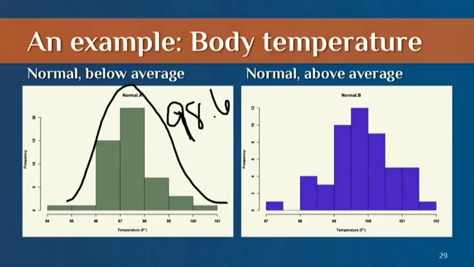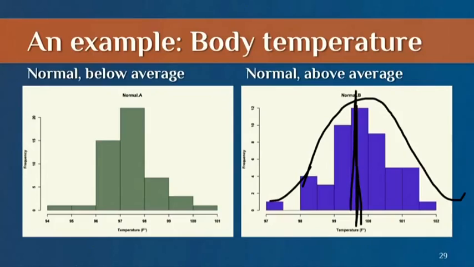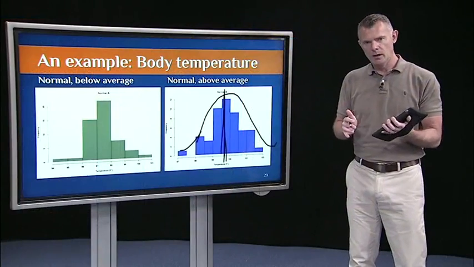And in this case, we're actually a little bit below 98, it looks like, is the average for that group. And here, again, we've got a pretty normal, not perfectly normal, but pretty normal distribution. And this group is a little bit above average. The average looks like it's approaching 100. So this is the group of children who are still sick. They haven't had the antibiotics yet.